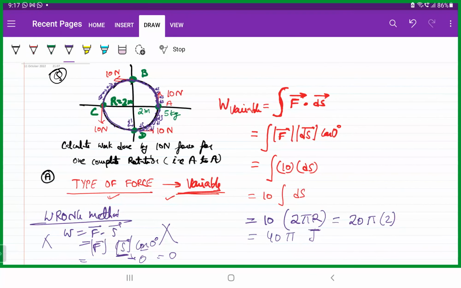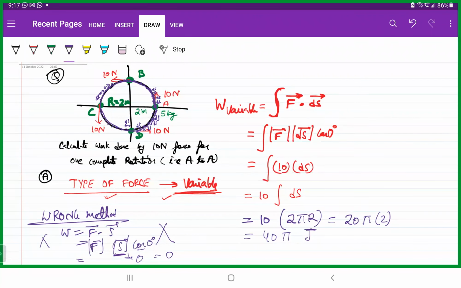Related to that you asked how the integration of ds is coming as 2 pi r, right? No, sir. Actually, I wanted to know the integration of 2 pi r. No, for integration, a dx or dy term should be there. When we create a small term, a differential term, dx, dy, dz, to get rid of the differential we need the integration.